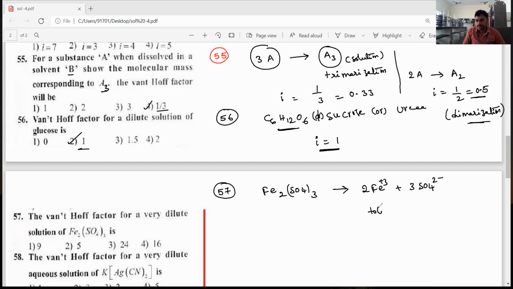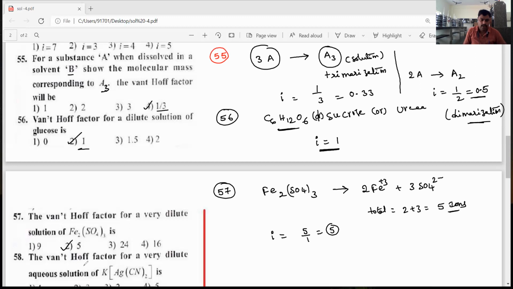Total 2 plus 3 is equal to 5 ions are present. Then for the dissociation case, the Van 't Hoff factor i is equal to the number of ions present in the solution over the molecules before. 5 by 1 is equal to 5. So the answer is 5, means the second option is correct.